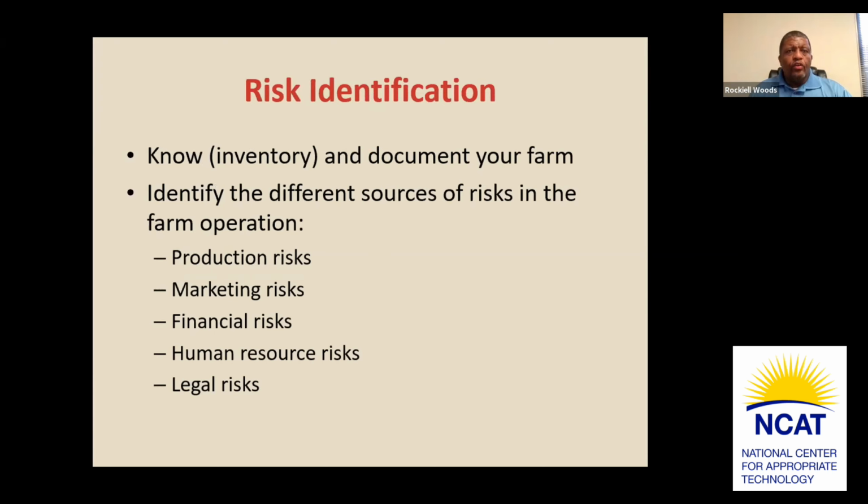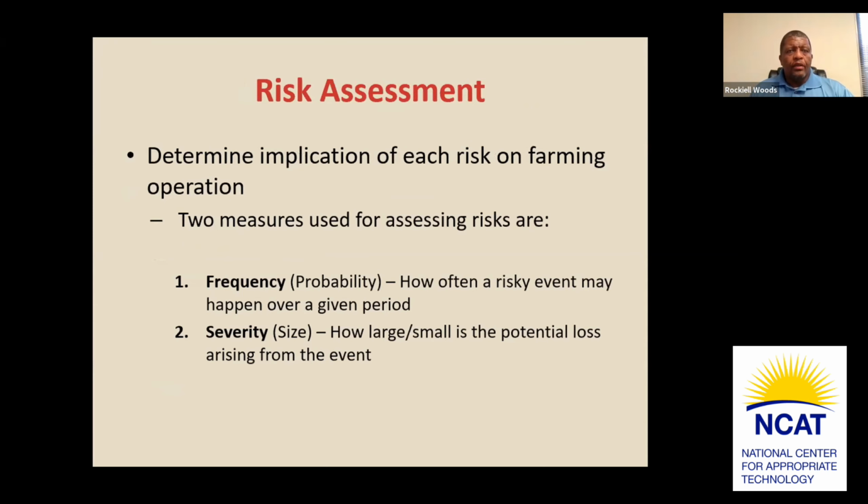Risk identification: know your inventory and document it for your farm. Identify different sources of risk in the farm operation, whether it's production risk, marketing risk, financial risk, human resource risk, and legal risk. The assessment would be to determine the implication of each risk on the farming operation.